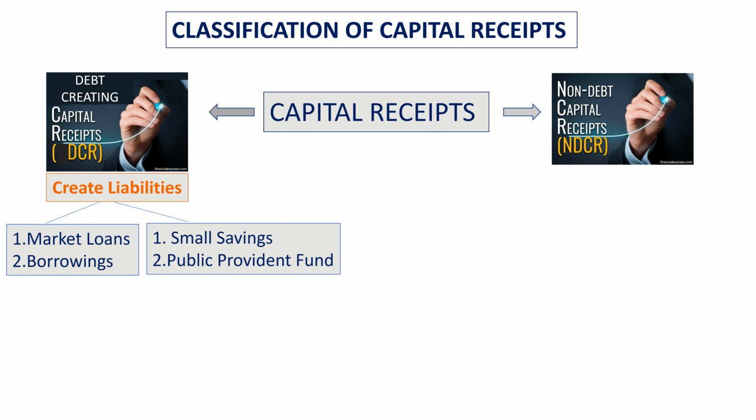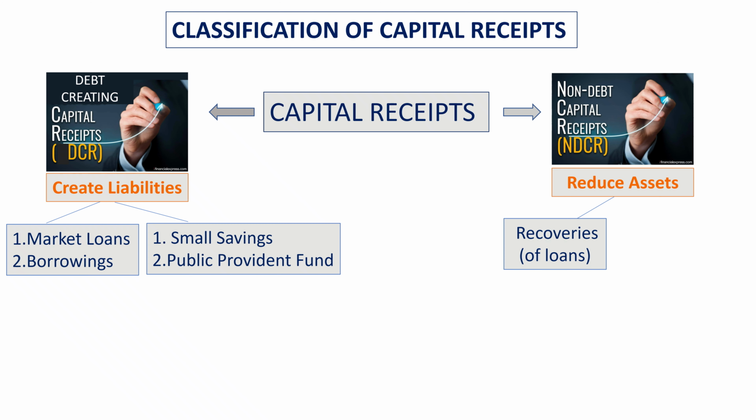All these create liabilities and are therefore called debt creating capital receipts. Non-debt creating capital receipts are those which reduce the assets of the government. So it will include recoveries of loans from state governments and union territories and disinvestment.